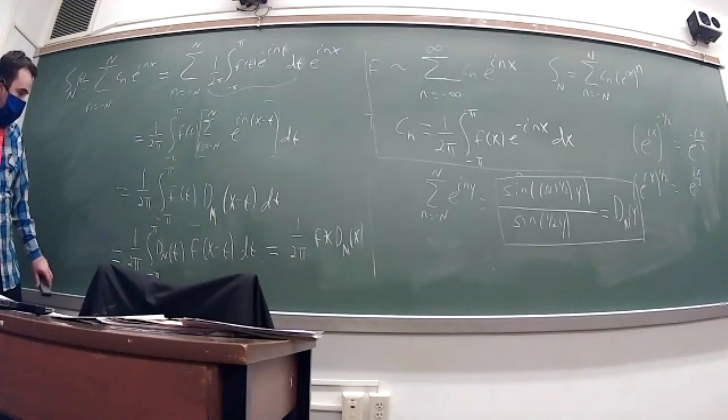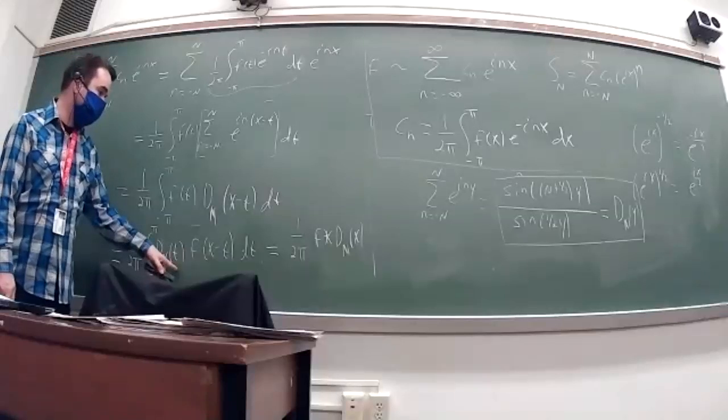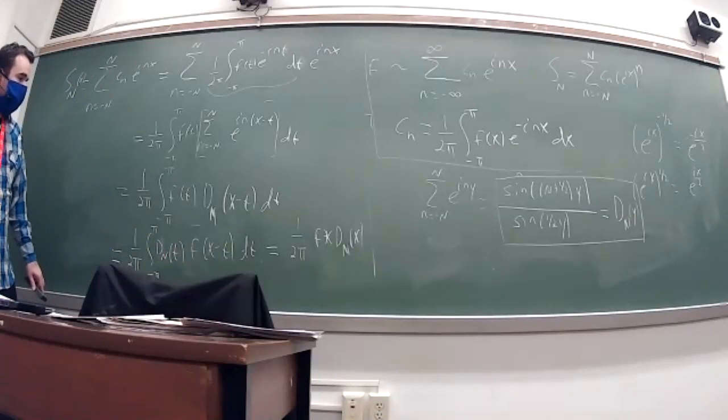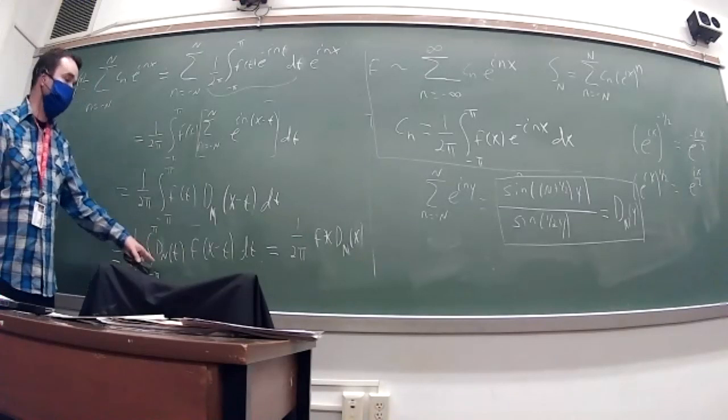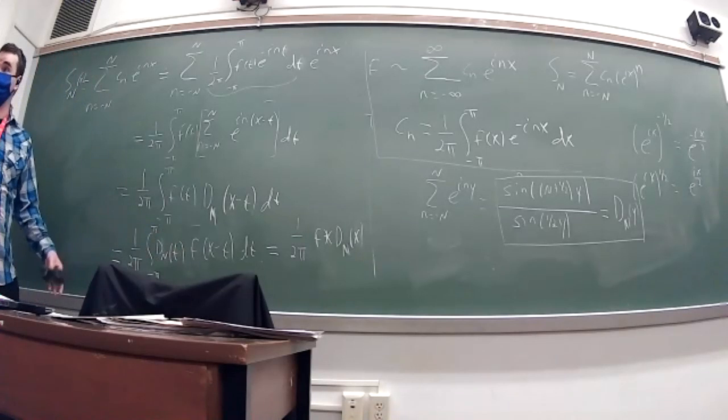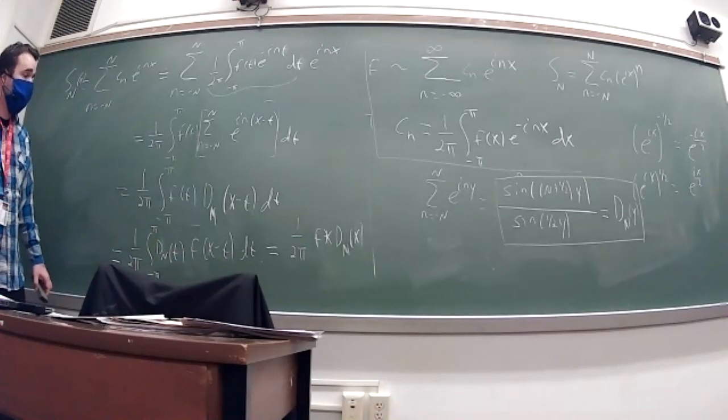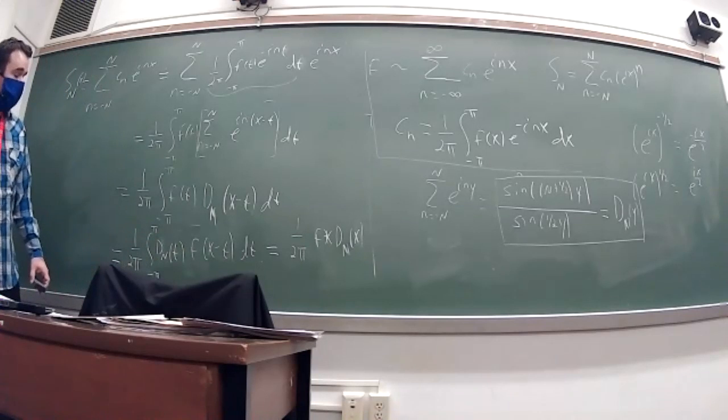And why should you care about that? Because this is something that you actually have a chance of analyzing or computing a limit as n goes to infinity, like as you saw in the paper that we looked at. The first step was like we had to do something like that.